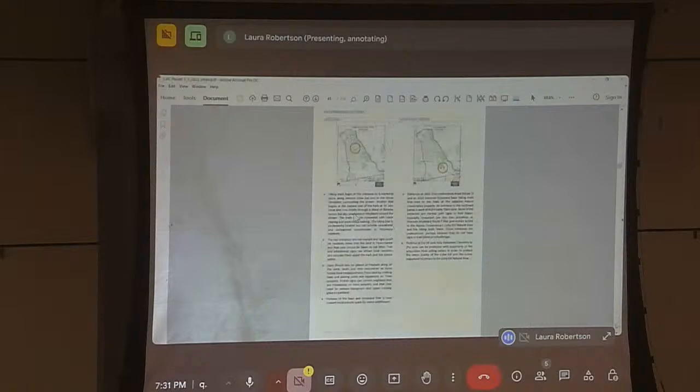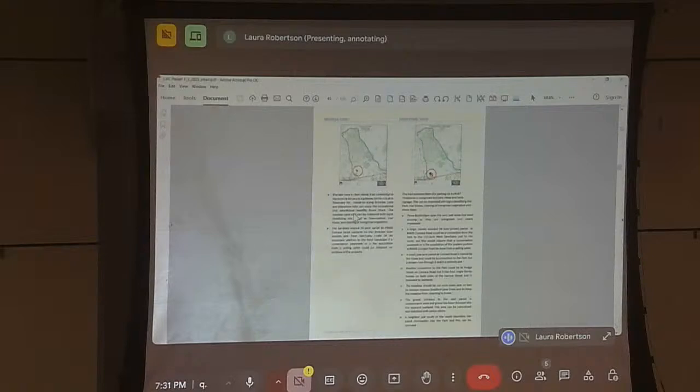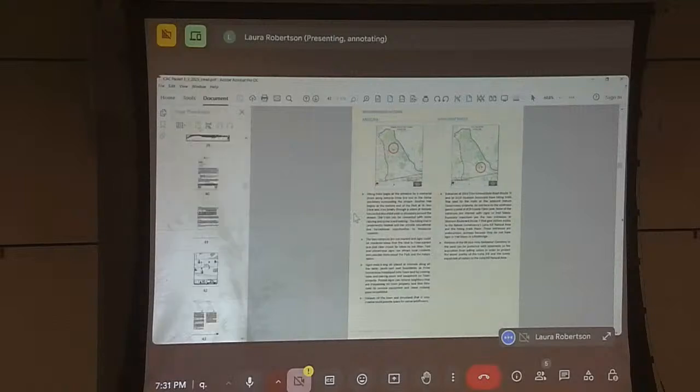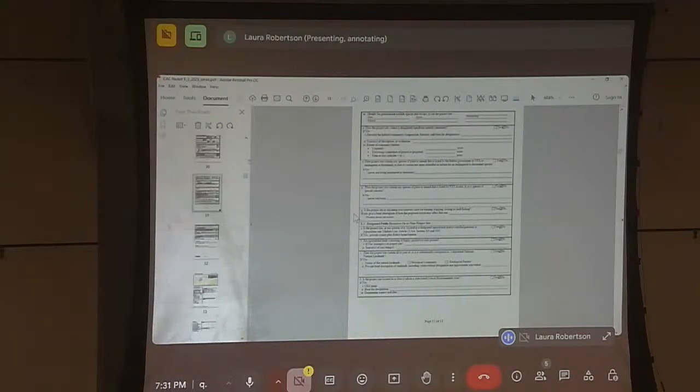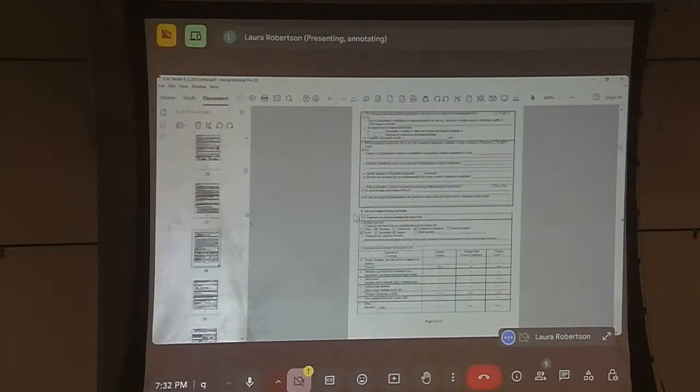Laura, I can't remember, but in the PUD ordinance, is there a preamble that talks about some of the goals of a PUD? Oh yeah, there is. Yeah, we'll check the math and make sure that they've got it all right.